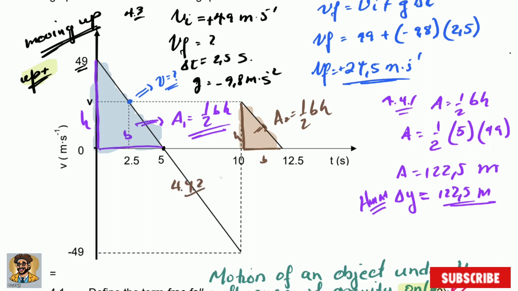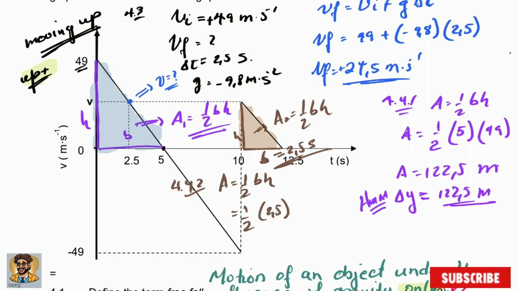4.4.2: area is equal to half base times height. If we substitute, we have half, and the base is 12.5 minus 10, so the base is equal to 2.5 seconds, not meters. Seconds, that is the time, so be careful with that.